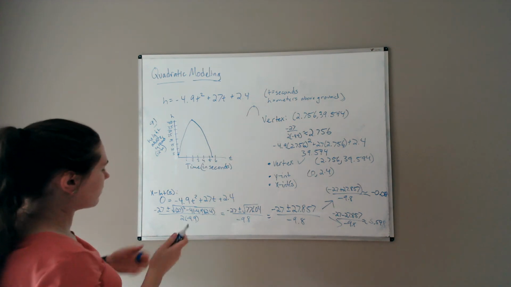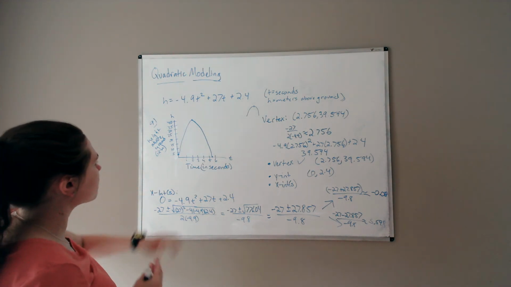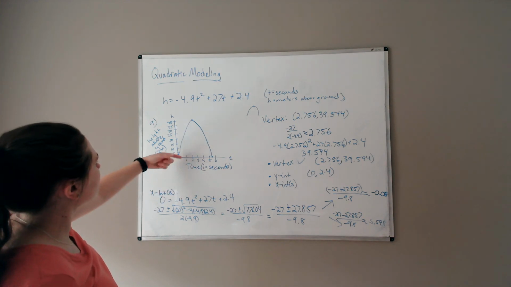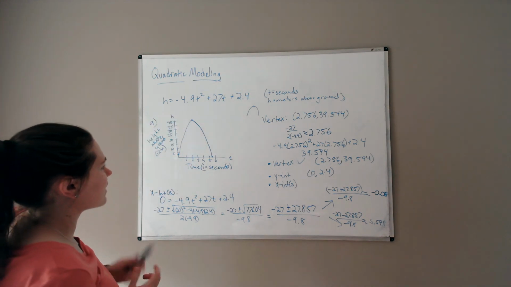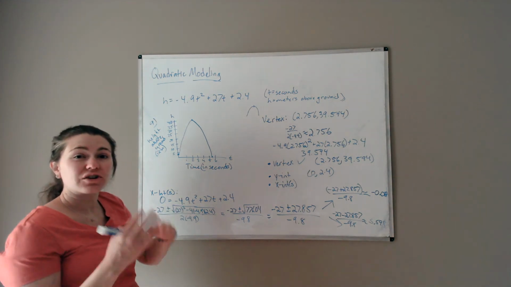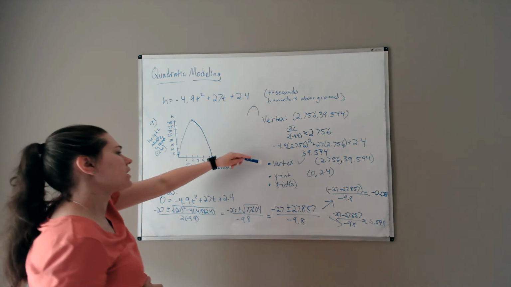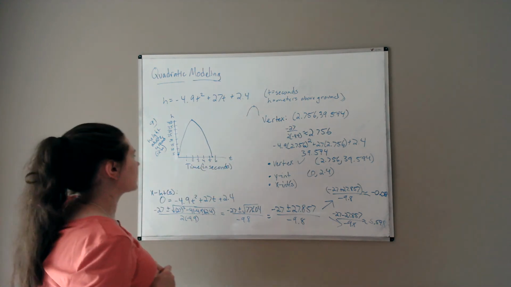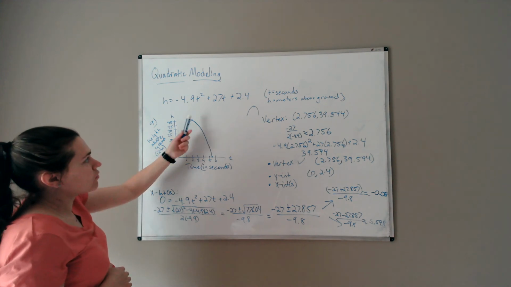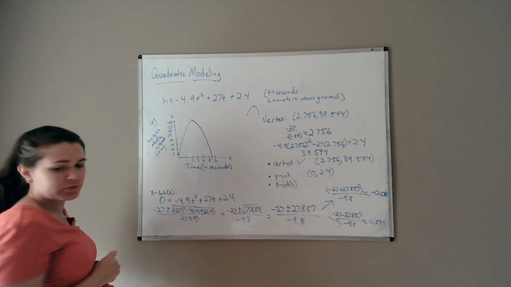This is now a visualization of the time after the water balloon has been catapulted, and you can see what the height would be at that time. Good points to have when you are modeling and you're just in quadrant 1 are the vertex, y-intercept, and x-intercepts. That's enough to show the whole model of when the water balloon is in the air.